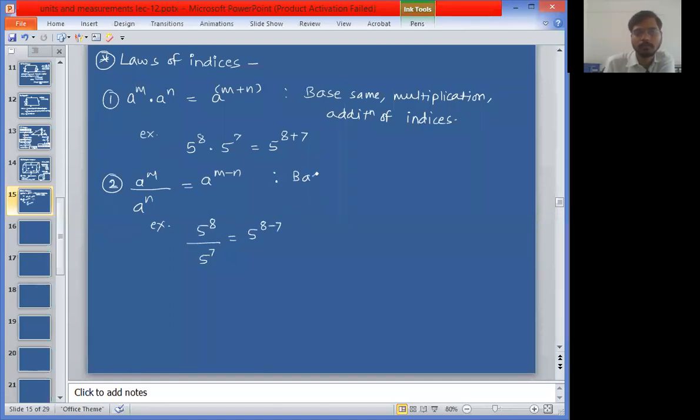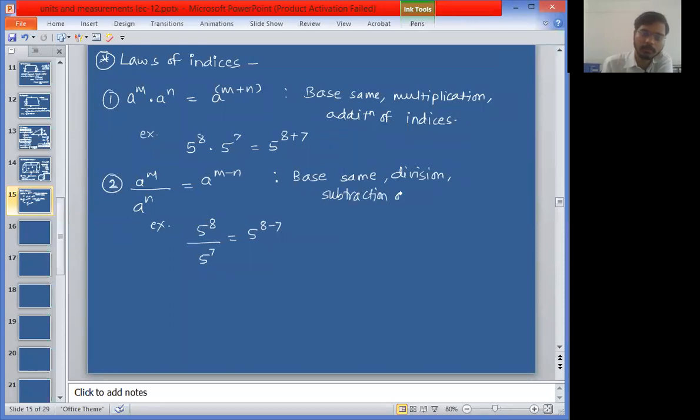Base is still same, but instead of multiplication, there is division. Here a is the base, m is called an index, n is also called an index. Instead of addition of indices, now you have subtraction of indices. Base same, multiplication, addition of indices. Base same, division, subtraction of indices.